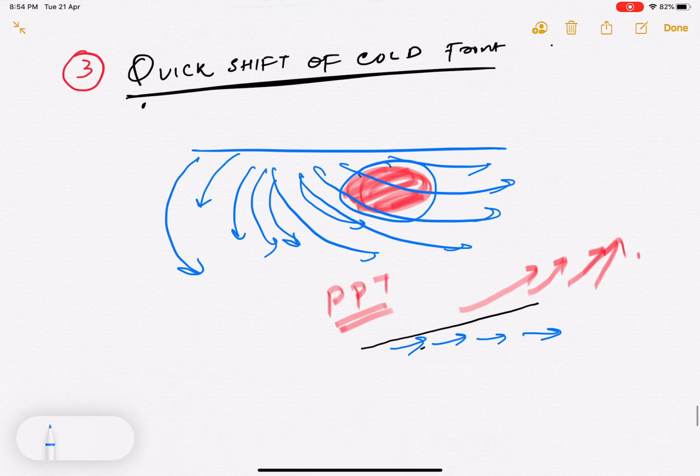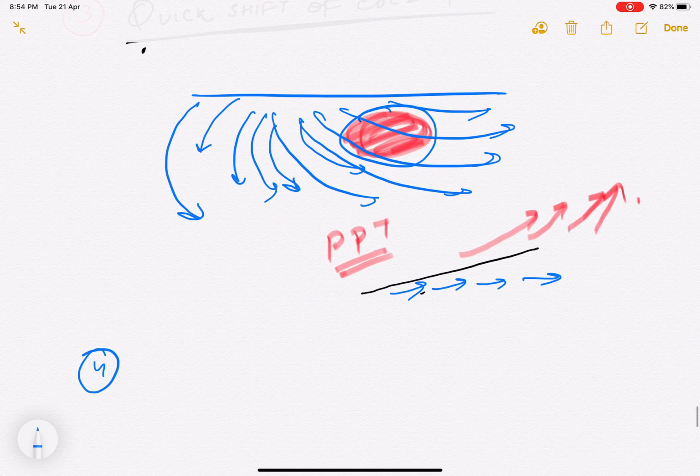Now moving on to the fourth stage, that is the stage of occlusion.